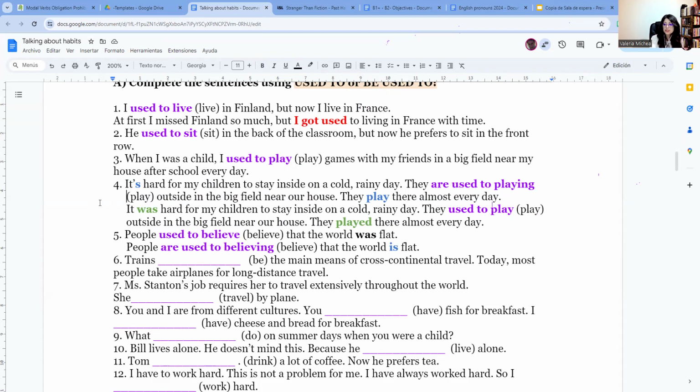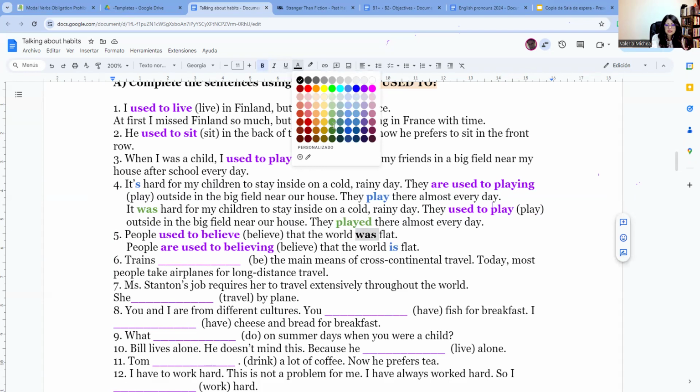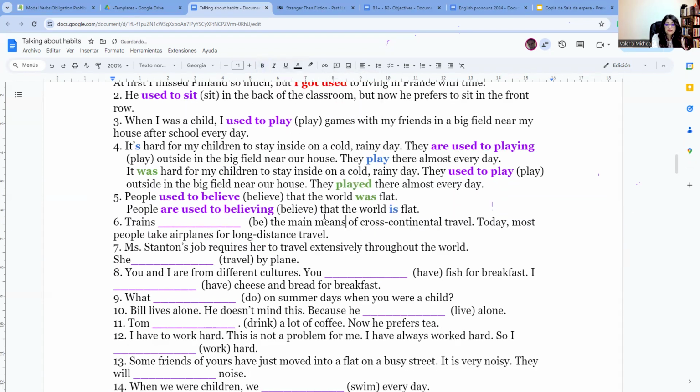Anything else that we need to review before going on with the next ones? Don't forget, guys, that we need to pay attention to the verb. Is it in the present or is it in the past? Now, what would this sentence look like with got used to or get used to?